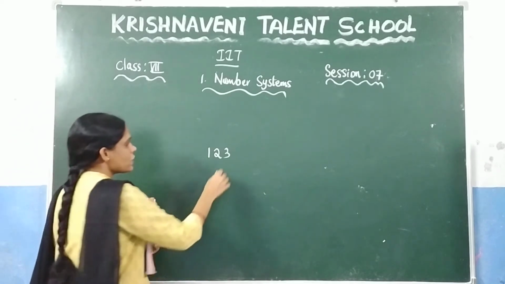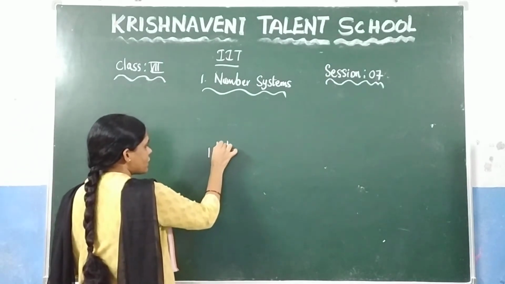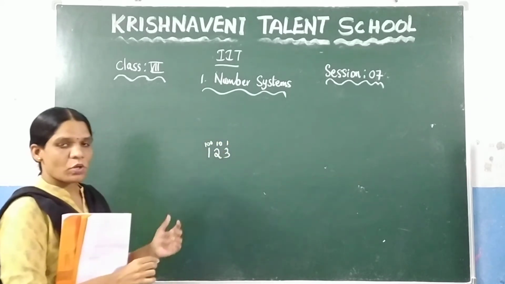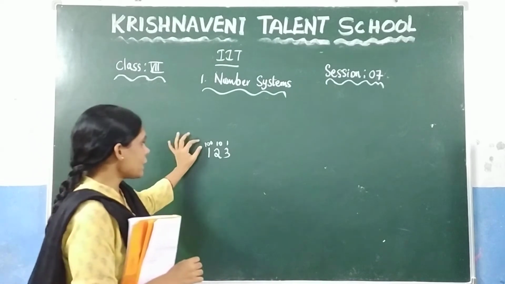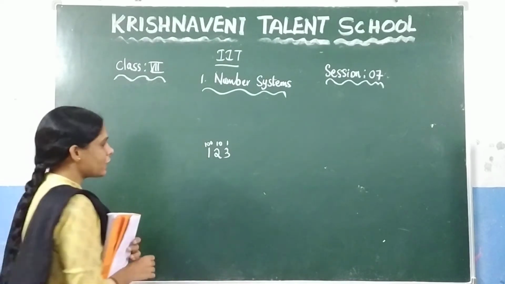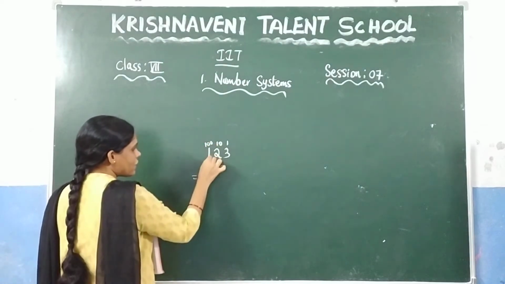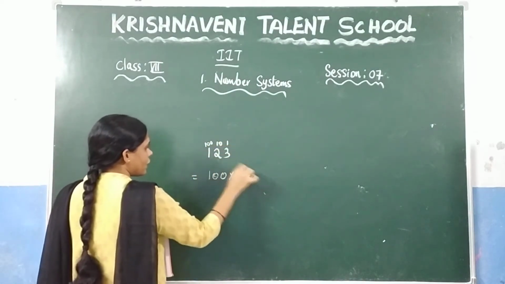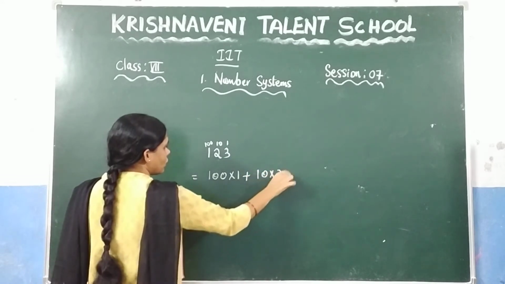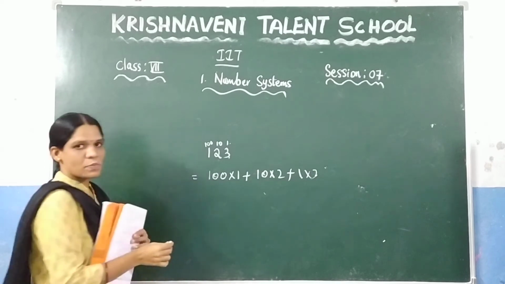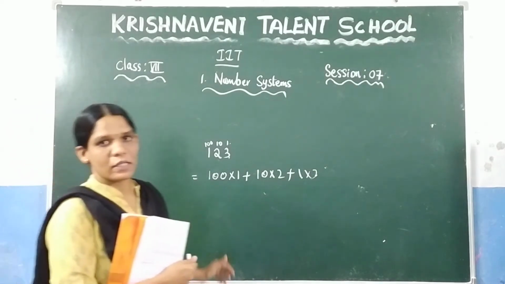So this is the ones place, this is the tens place, and this is the hundreds place. So you multiply each digit with its place value, and you can write this as 100 into 1 plus 10 into 2 plus 1 into 3. Like that we expand a given number.